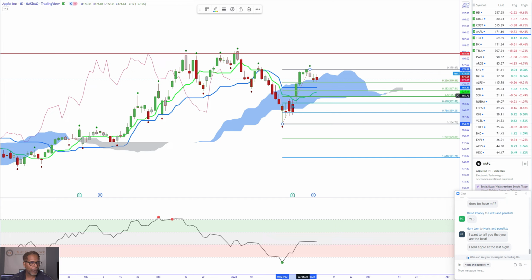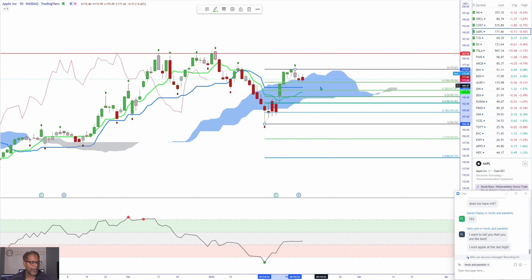It's about 23.6. If it doesn't correct any lower than that, you know what this means? This is a strong trend to the upside. It's probably going to drop a little bit more. So that's 23.6 where we are.